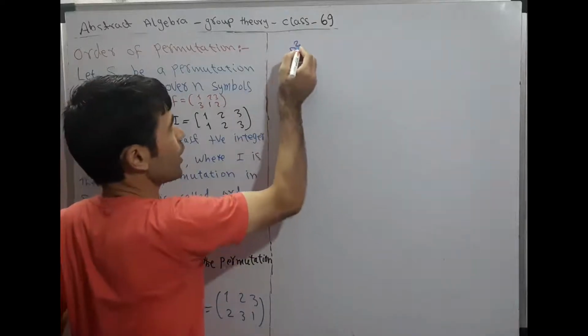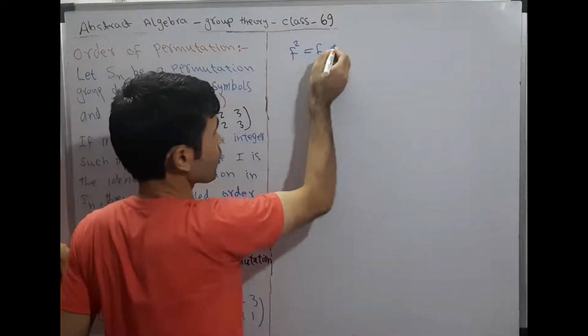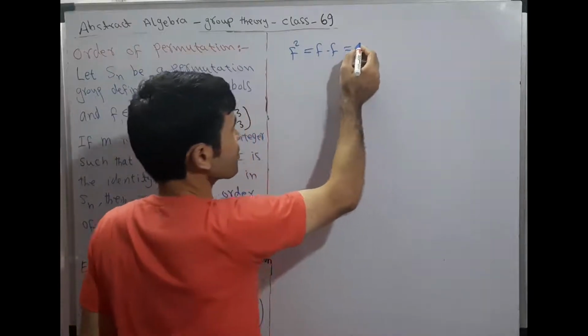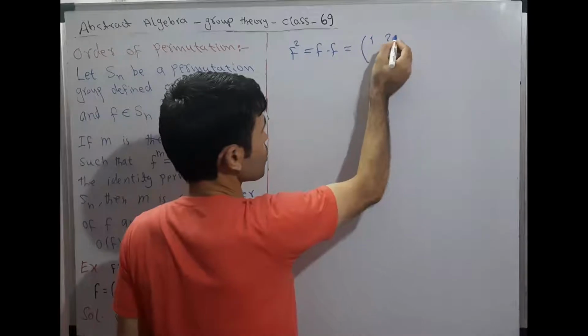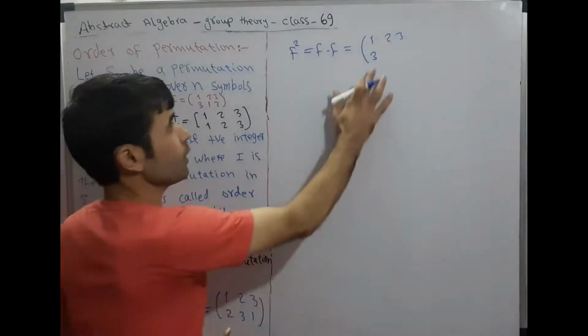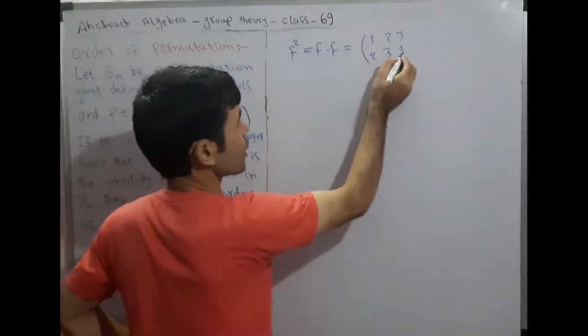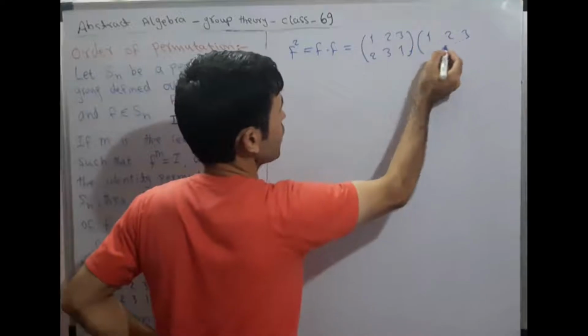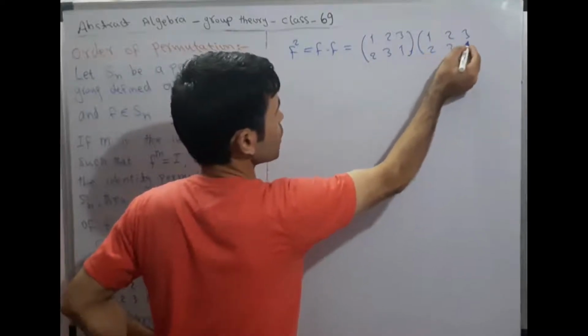Now we want to find f square is equal to f into f, and we know the multiplication of permutations. 1, 2, 3, 2, 3, 1 into 1, 2, 3, 2, 3, 1.